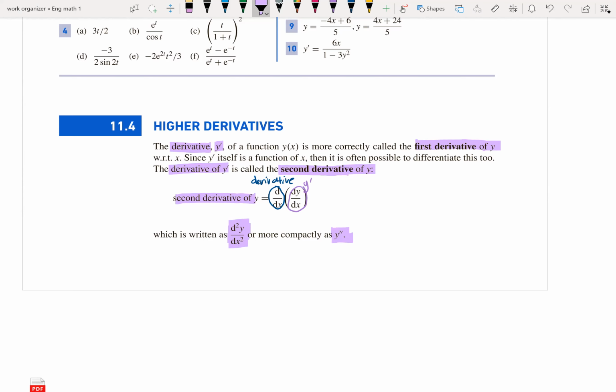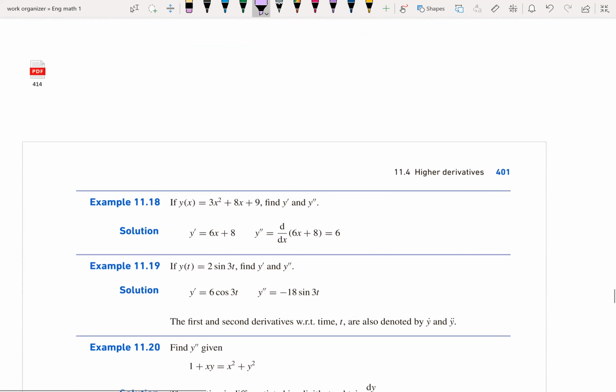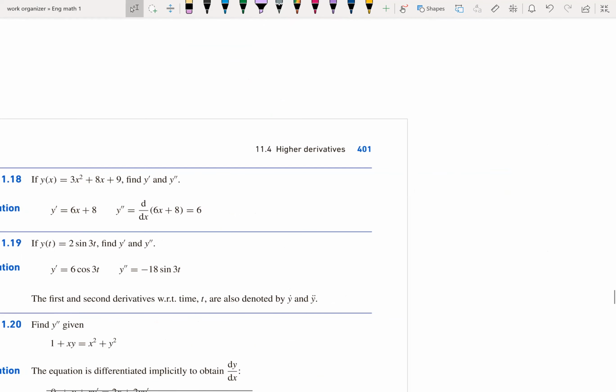So for example, this is the simpler one, 11.18.